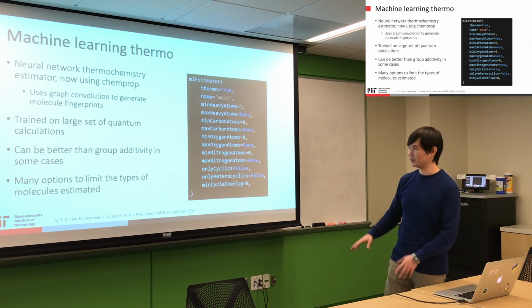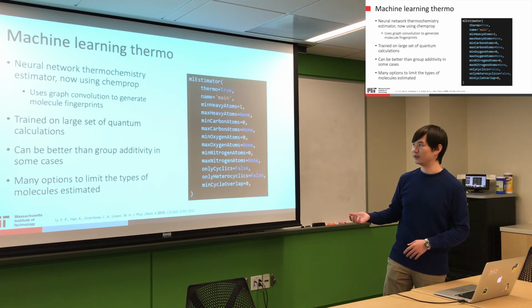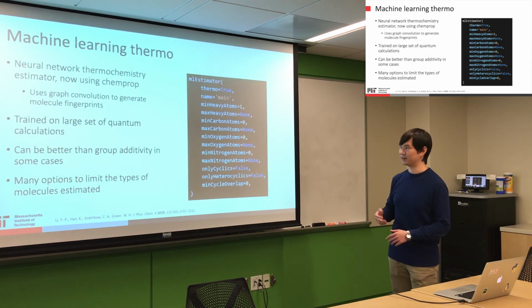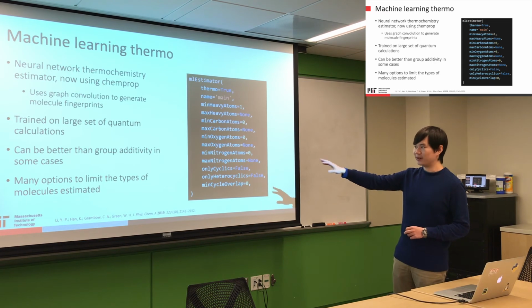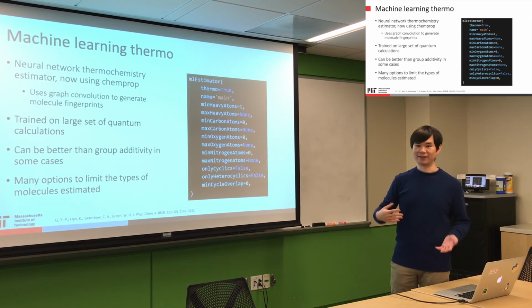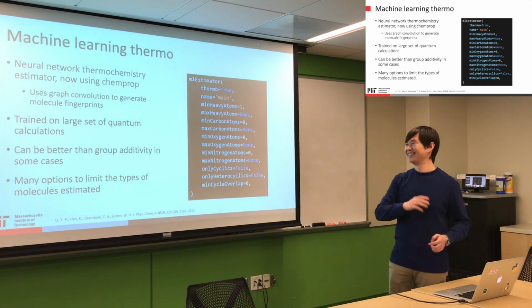Another thermochemistry estimation method is the machine learning thermo estimator, which is a neural network estimator using graph convolution, which Matt mentioned earlier, trained on quantum calculations. In some cases, it can be better than group additivity, but one thing I found is it's sort of hit and miss. It's not consistently better or consistently worse, which would be bad.